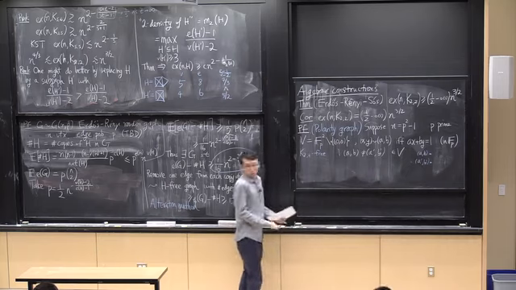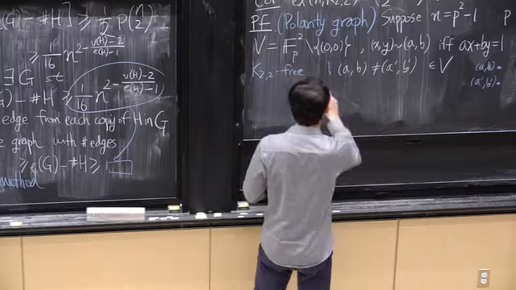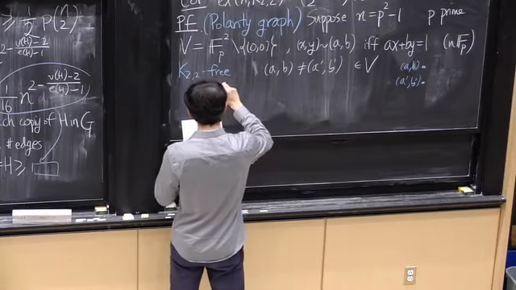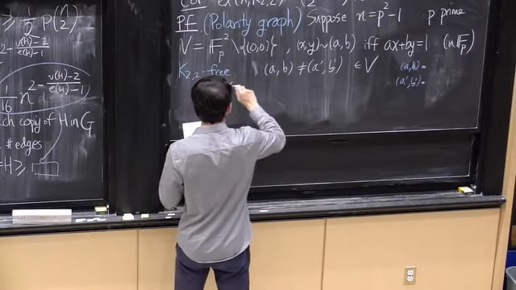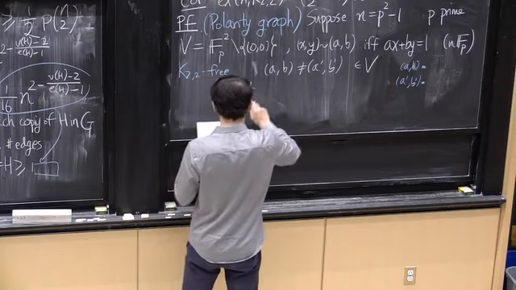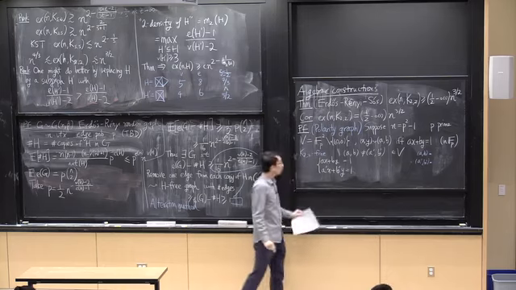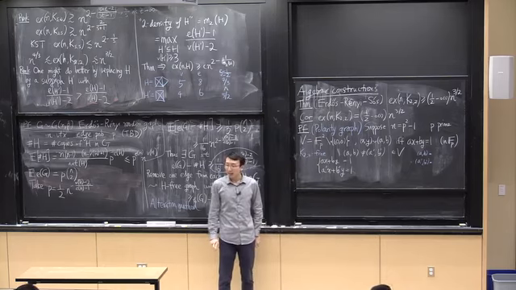Well, look at the description for the edges. The neighbors correspond to solutions to this system of equations. And the basic claim is that there's at most one solution (x,y).